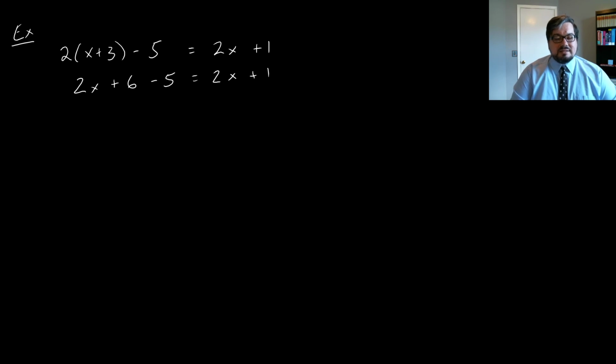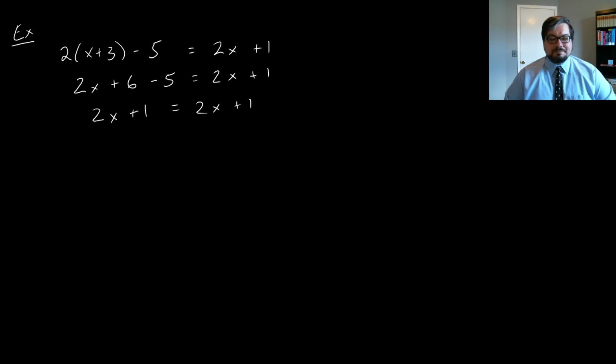And then we can simplify with some like terms, and we get 2x plus 1 equals 2x plus 1. Now, you've probably already seen that this is a little bit different than some of the others that we've seen before, but let's imagine we don't see the very obvious thing happening right now and just continue with our normal methods.